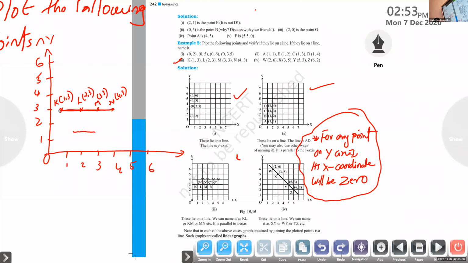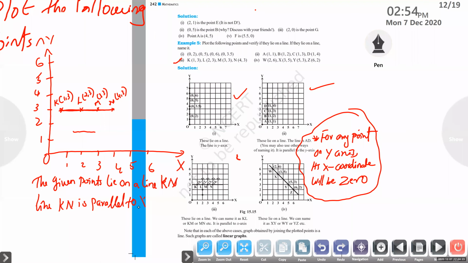The given points lie on a line KN, and line KN is parallel to what? Parallel to x-axis. Line KN is parallel to x-axis.